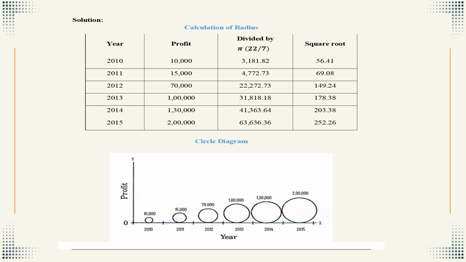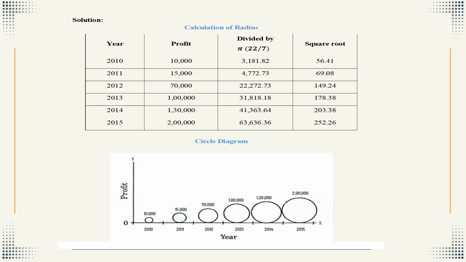First, the value 10,000 divided by pi. Pi means 22 by 7. That means 10,000 into 7 by 22, which equals 3,181.82.